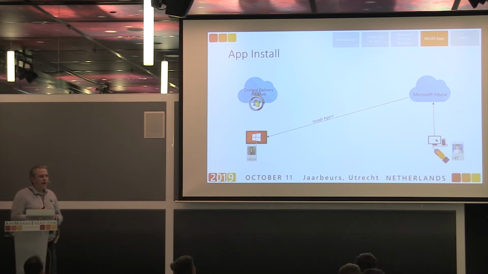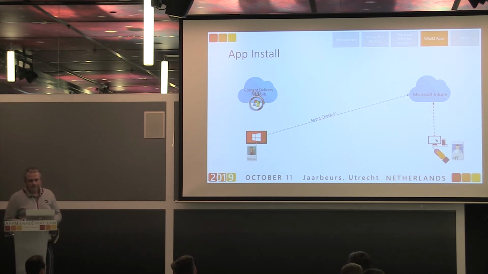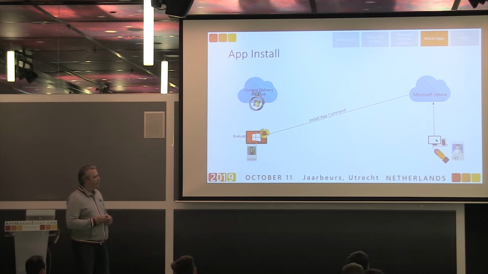So Microsoft created the Intune extensions, which are installed as an agent, installed extra, which also allows you to execute PowerShell scripts via Intune. So the agent is installed, the agent checks in, the app install command is issued and evaluated.